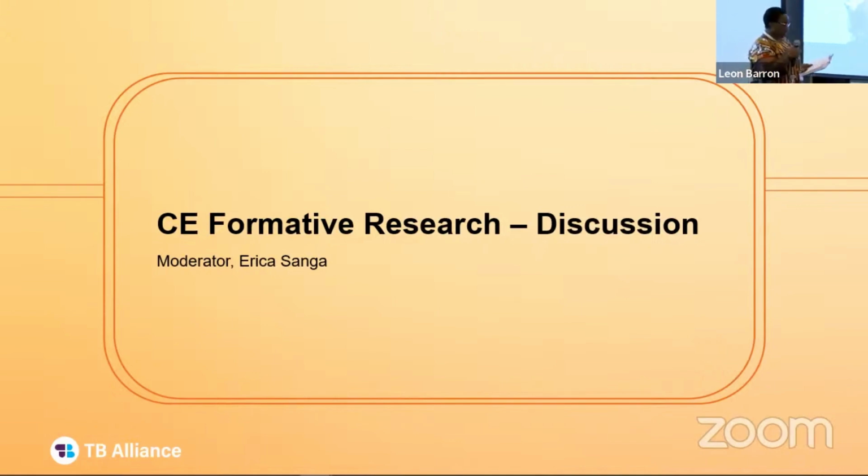But there was one important aspect mentioned by the first speaker, about publication and showing the impact or the value of our work as community engagers. To be honest, we do a lot of work out there, but nobody recognizes it because we cannot document. We have not published.